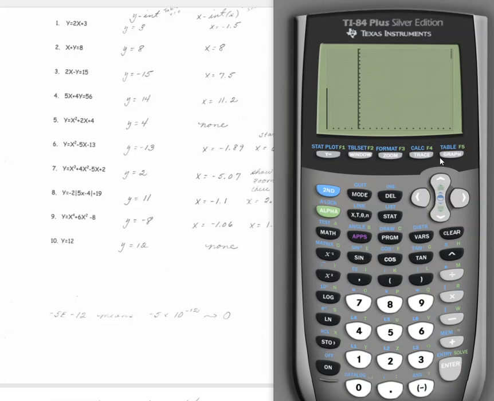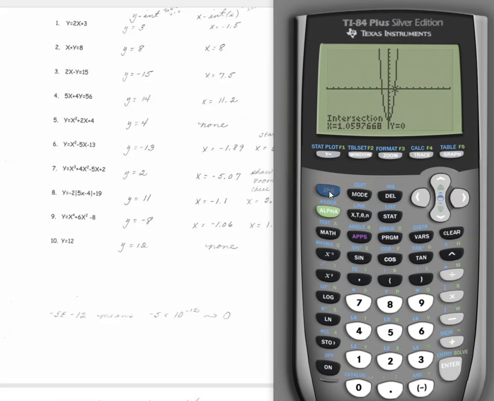Whoops, I don't know what I hit. Let's do this again. We'll go here. Okay, so I think I fixed that. So second, calc 5, enter. And we've got one at negative 1.06.